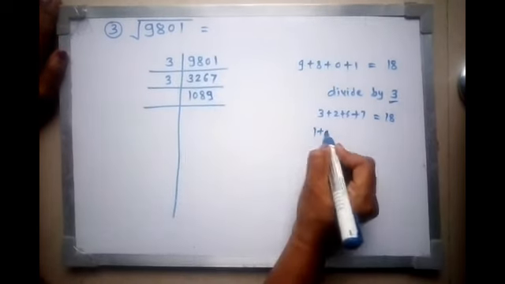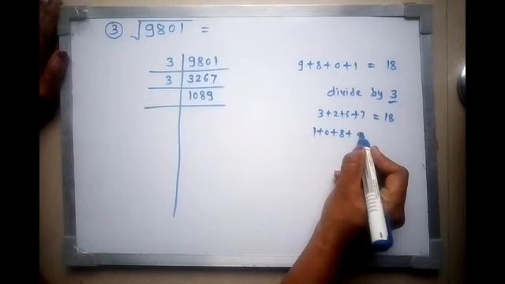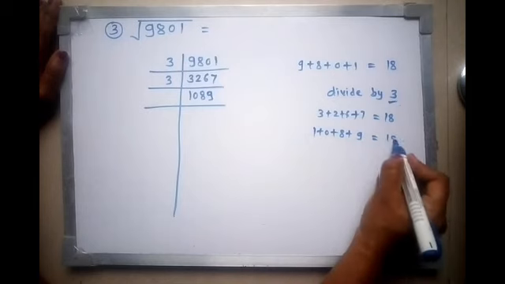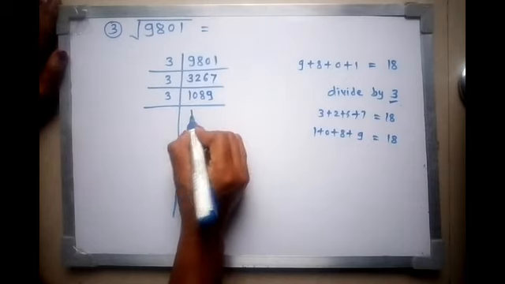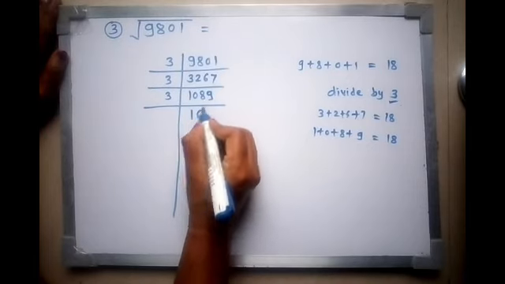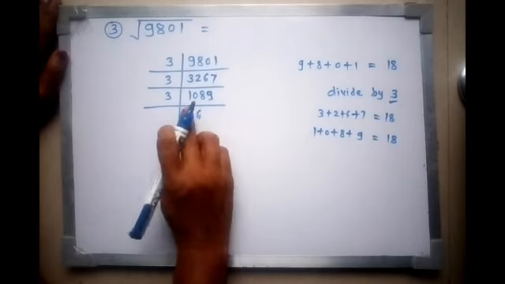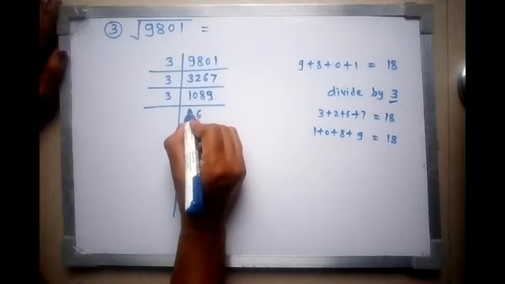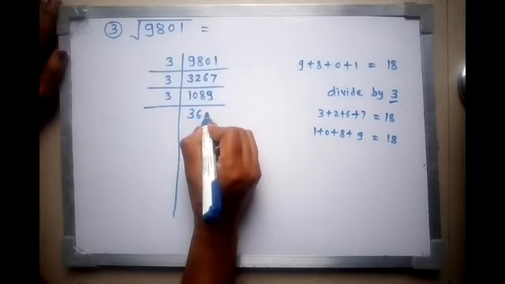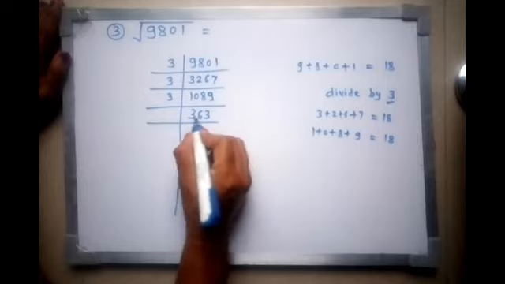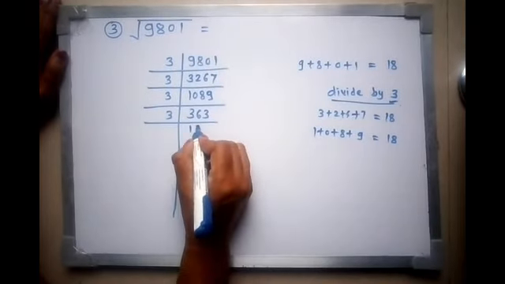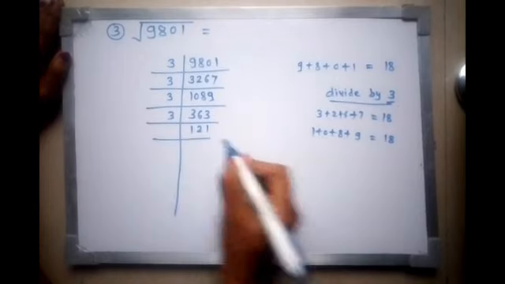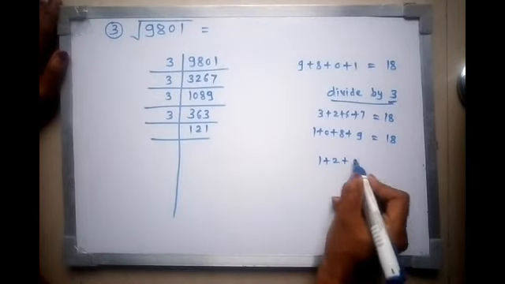Addition of digits in this number is 18, so I divide by 3. 3 3s are 9. 3 6s are 18. 3 3s are 9. 363 divided by 3. 3 1s are 3. 3 2s are 6. 3 1s are 3.